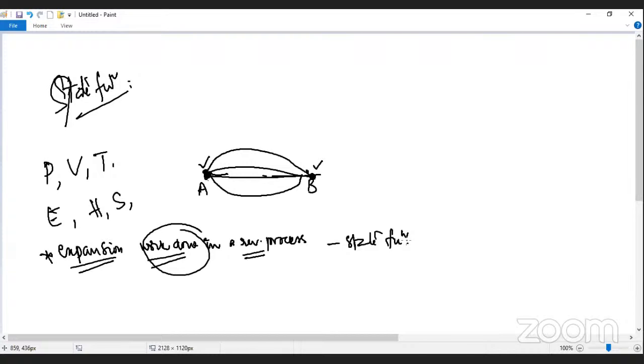Sir, the last statement, can you repeat? How the final state is reached from the initial state.